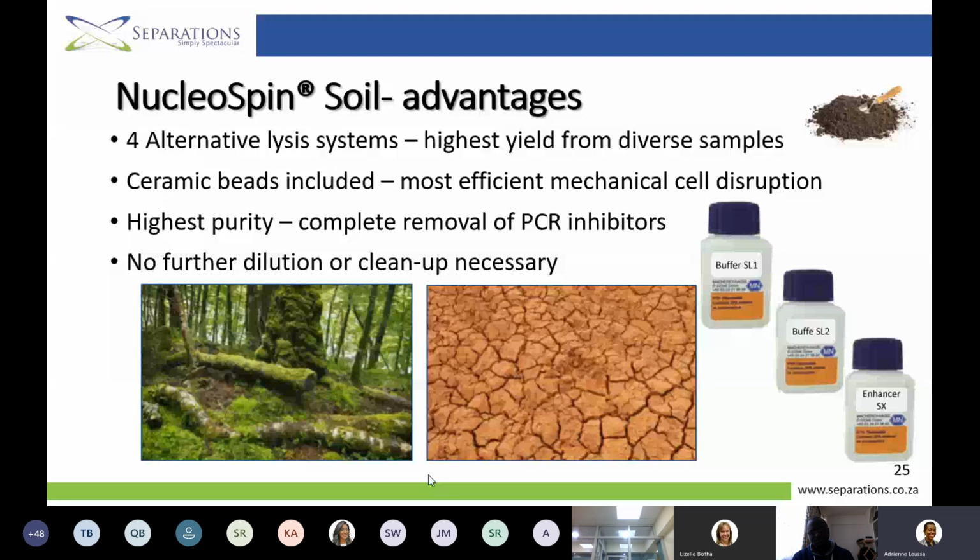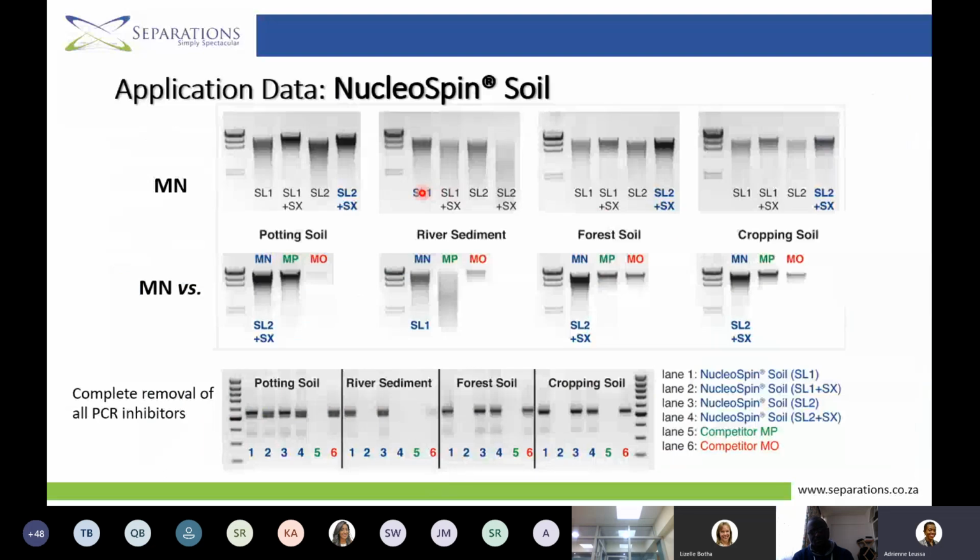So this is just a few gel images showing how, using the alternative lysis systems, you're able to optimize yield. For example, in potting soil, we can see that if we combine the second buffer with the enhancer, we tend to get a better yield.